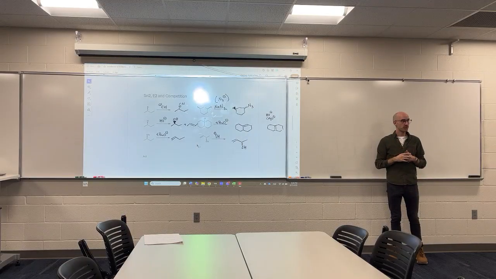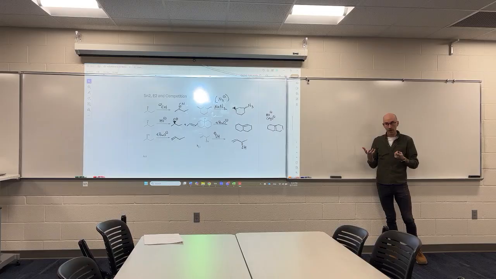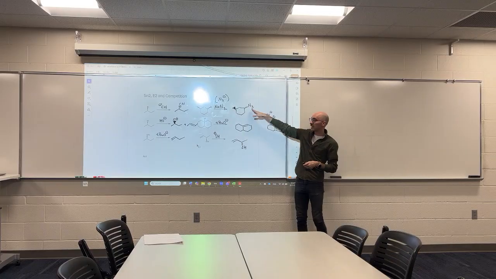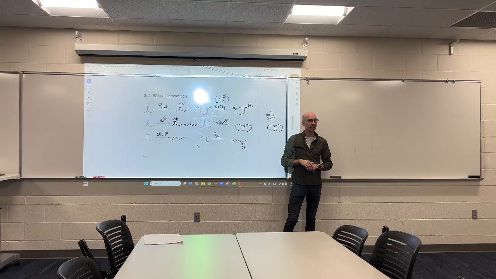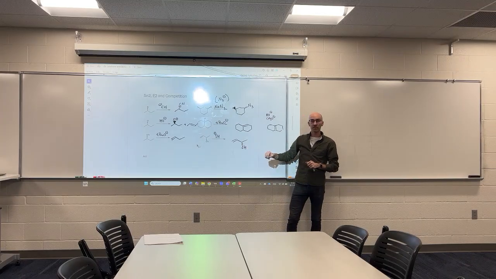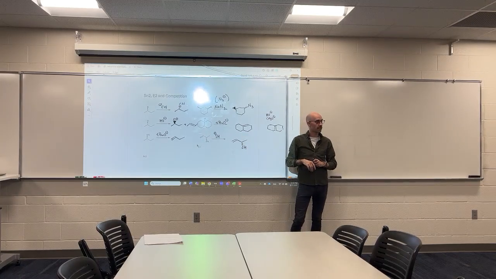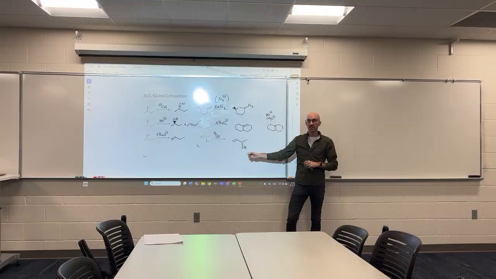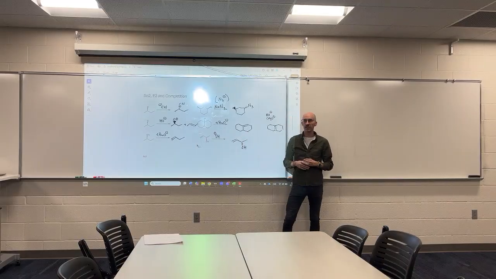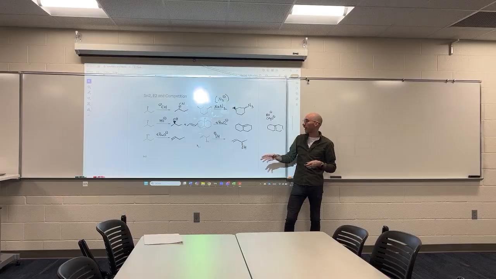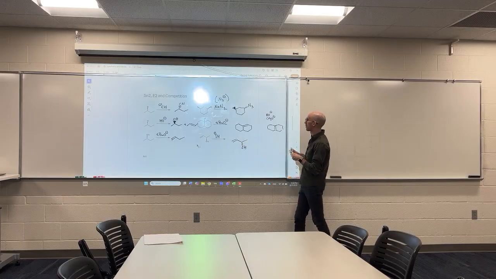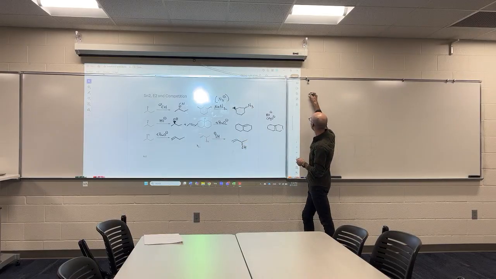And I don't want those reagents to be scary. N3 is on your structure, N3 minus is needed to get there. SH is on your structure, SH minus is needed to get there. SCH3, SCH3 minus, right?